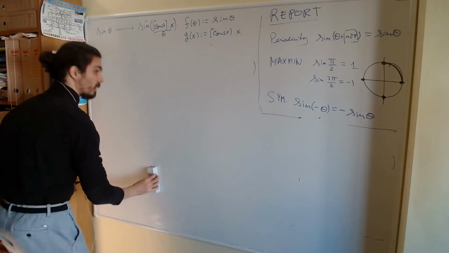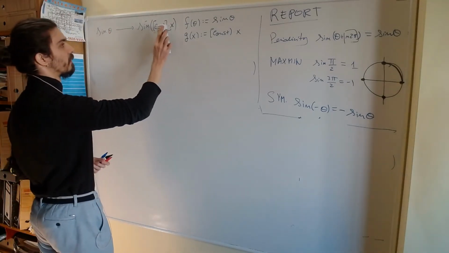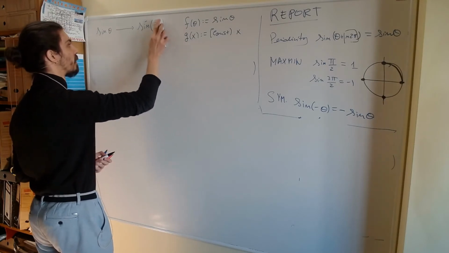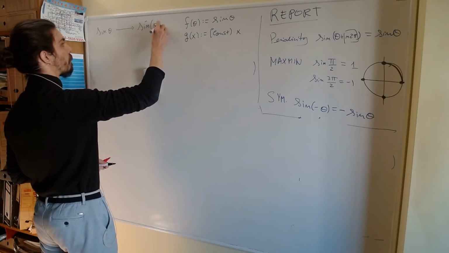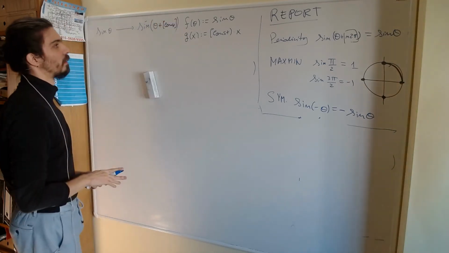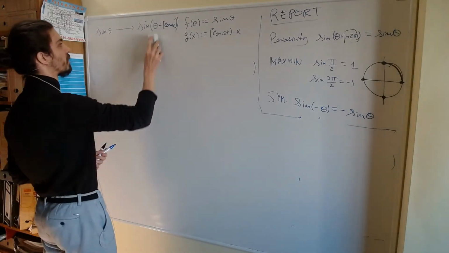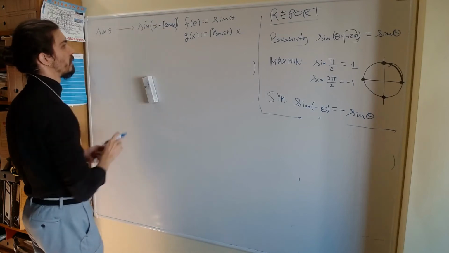So instead of sine of constant times x, let's consider theta plus constant. Let me just call this, instead of theta, alpha, to make it easier to understand.